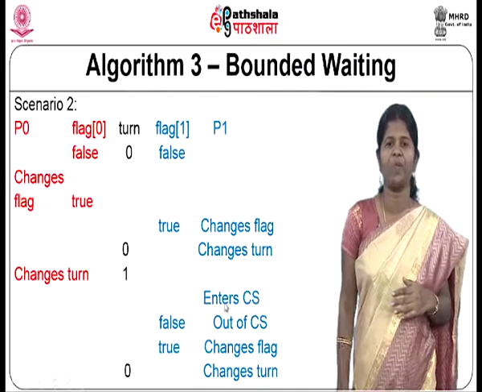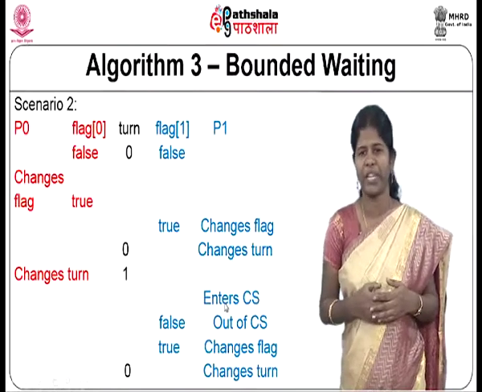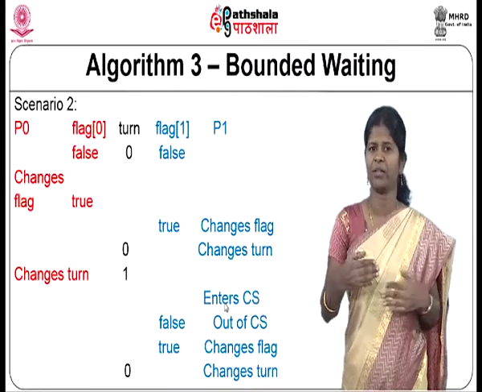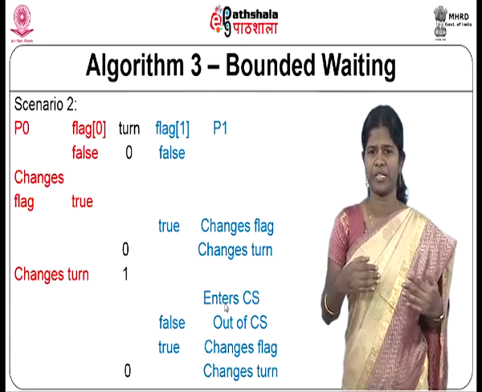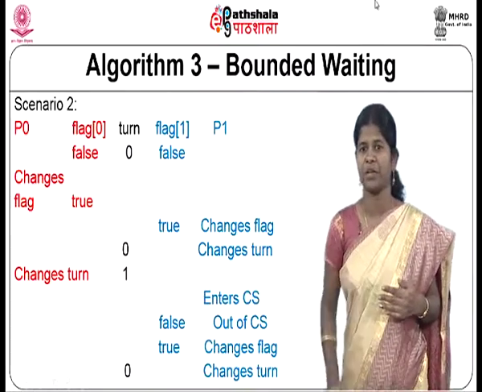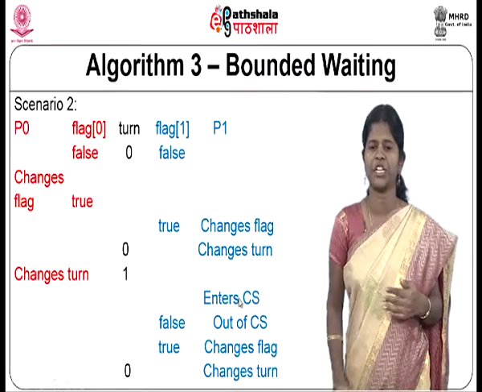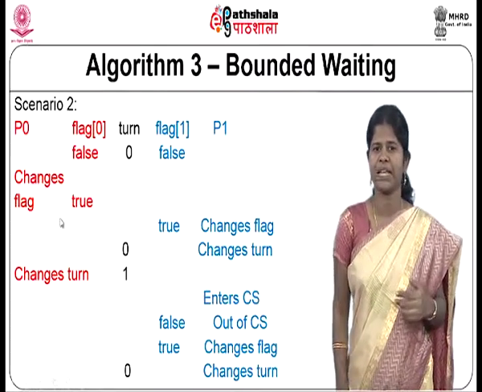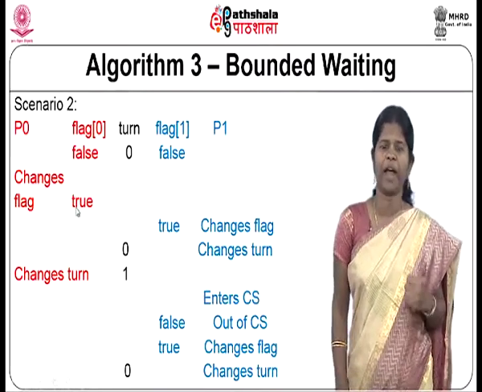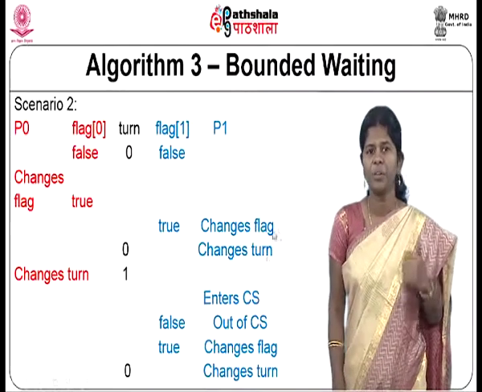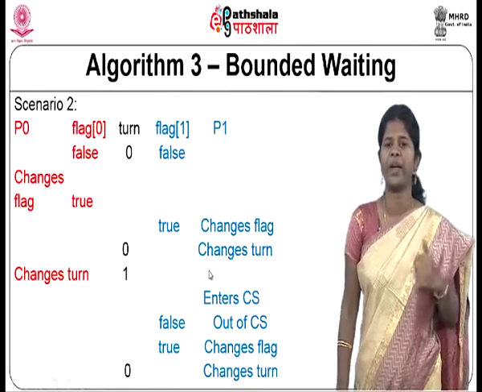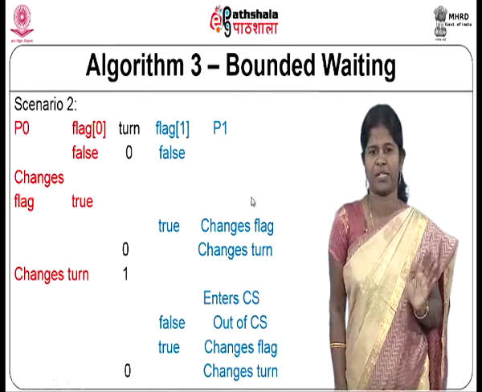So, here we see that bounded waiting is satisfied, that is after P0 had requested to enter critical section, the number of times P1 is allowed to enter critical section is limited. In this case, P1 is allowed to enter critical section only once, not more than that.